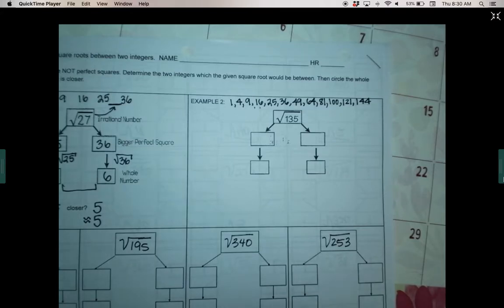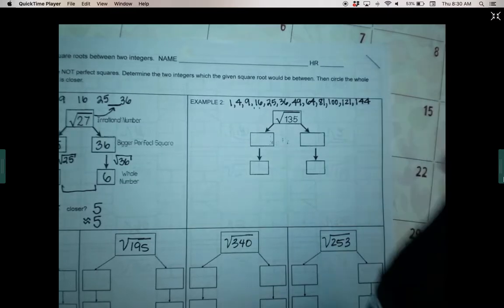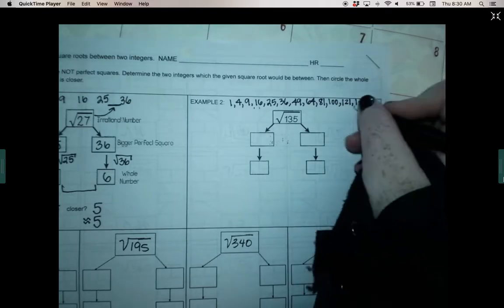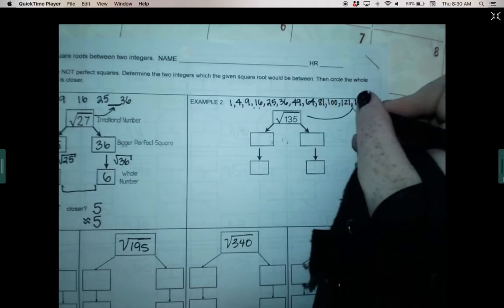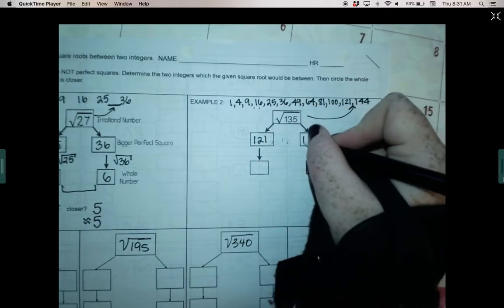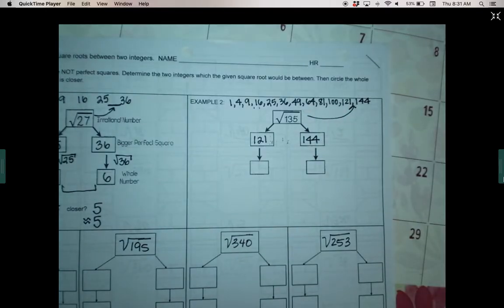Okay, so that means that the square root of 135 is going to be between two numbers. Which two numbers do you see that it'll be between, Luke? 121 and 144. So it's going to be somewhere over here. 135 fits in there between those two numbers.